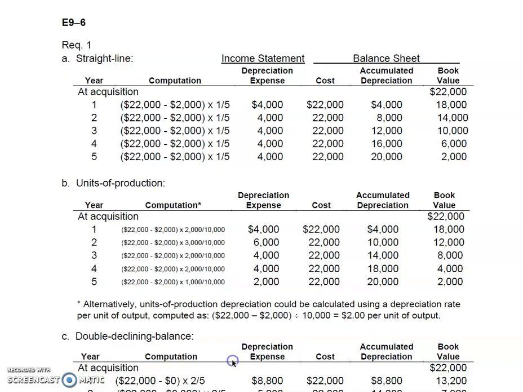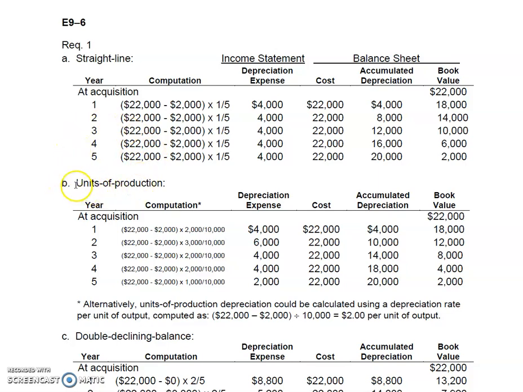So we'll go over here to the answer. $4,000 per year every year. And so we see our accumulated depreciation grow by $4,000 every year, and our net book value decrease by $4,000 every year. So there's your depreciation schedule.